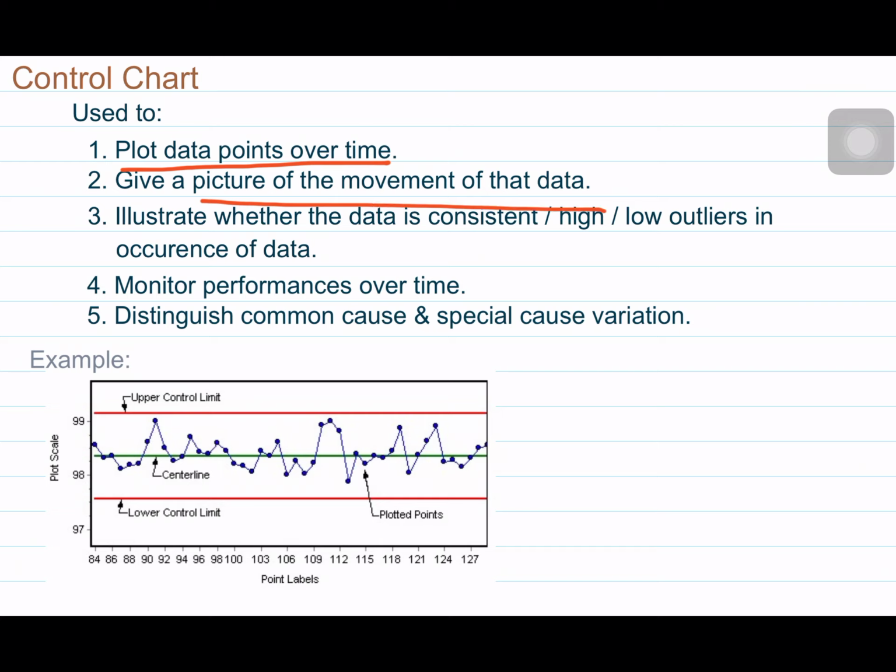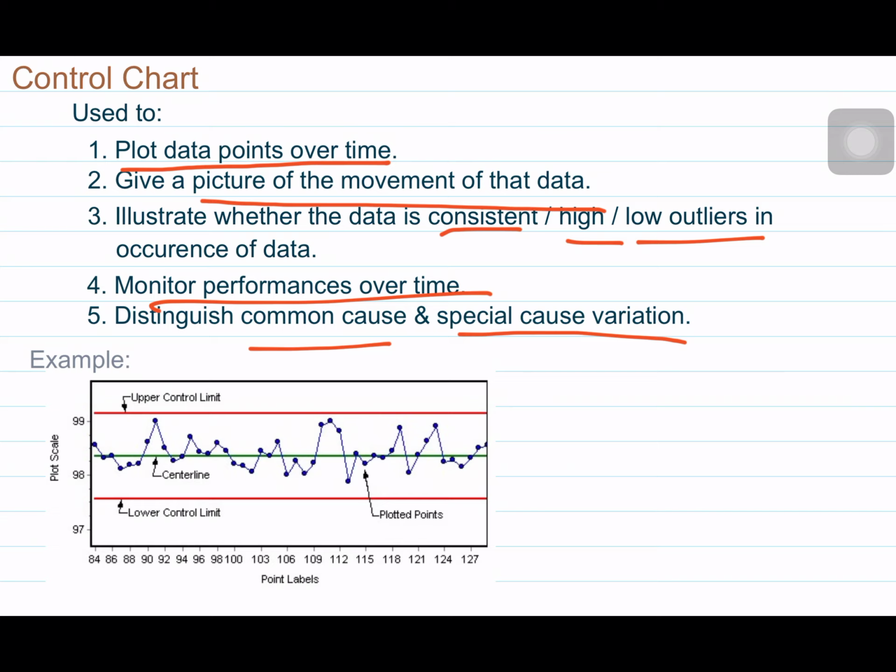This chart will usually demonstrate when the data is consistent, or whether there are high or low outliers in the occurrence of the data. It focuses on monitoring performance over time by looking at the variation in the data points, and it also distinguishes between common causes and special causes of variation.